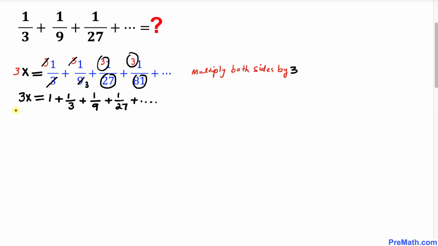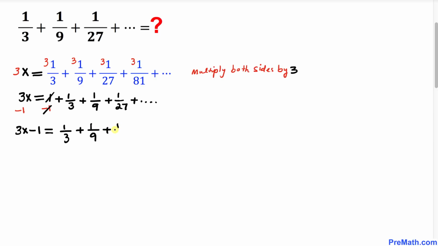And now let's go ahead and subtract 1 from both sides. So we got 3x minus 1 equals to, on the right hand side, this 1 and -1, they cancel each other out. So we ended up with 1 over 3 plus 1 over 9 plus 1 over 27 plus on and on and on.